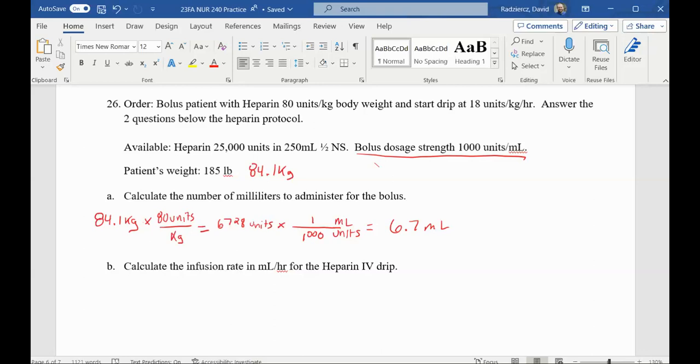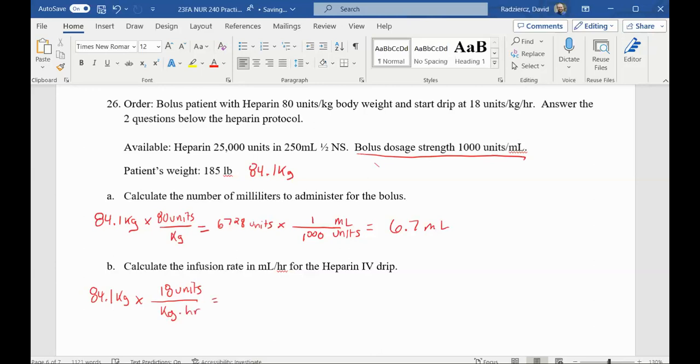All right, part B, same thing, same patient, same weight, but this time I'm going to find out what the flow rate is. The order says to start them at 18 units per kilogram per hour. So 18 units, kilogram, hour.